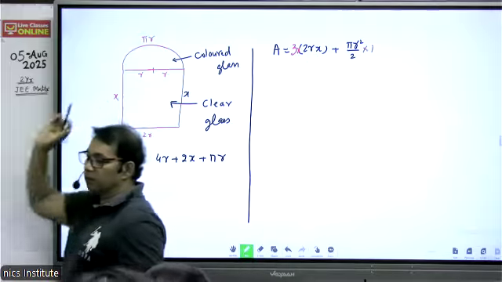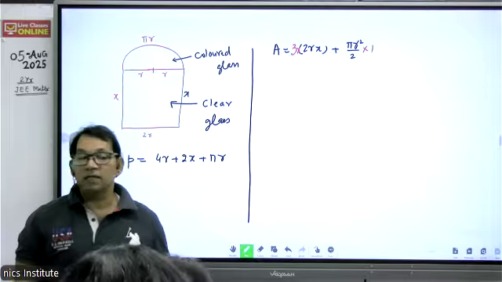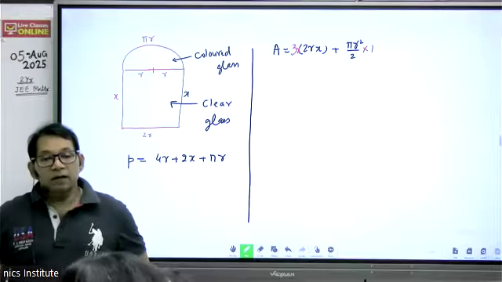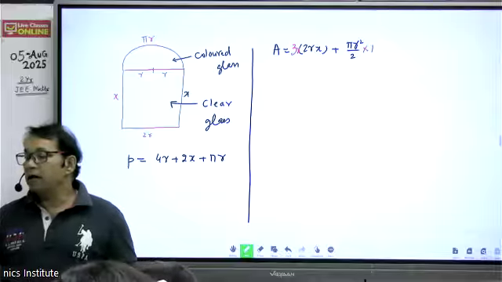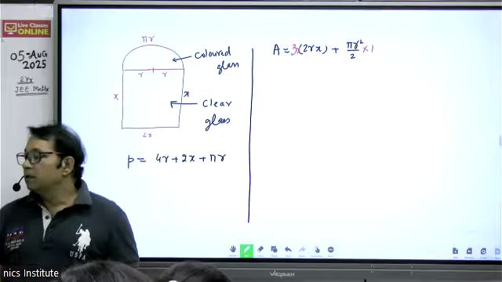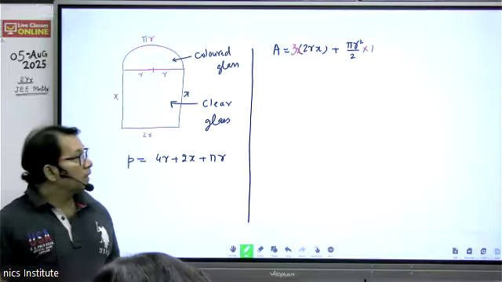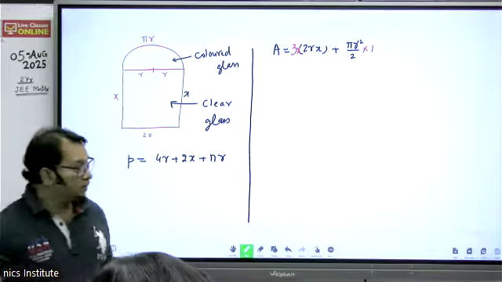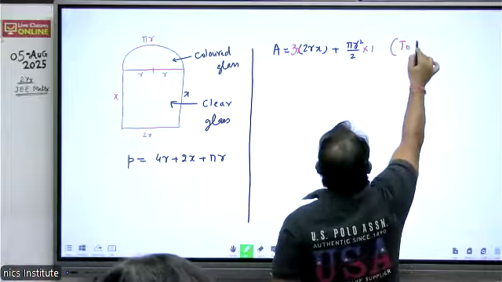Since clear glass is transmitting 3 times as much light, area of the clear glass has to be multiplied by 3. All right. And that of the colored glass has to be multiplied by 1. So this is your function to be maximized. Amount of light to be maximized.